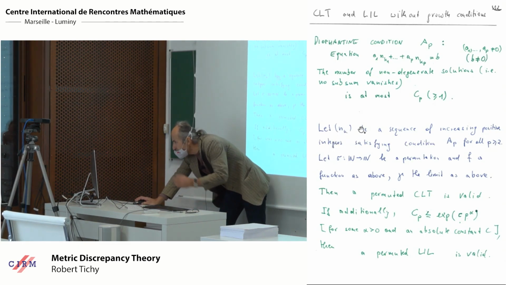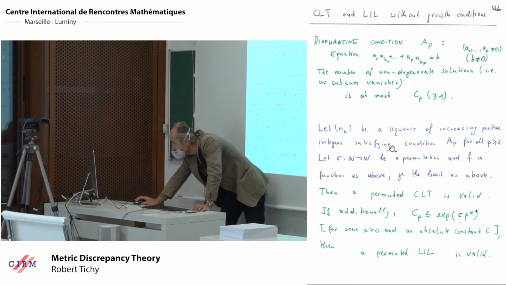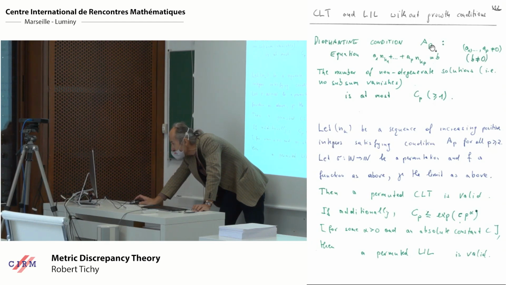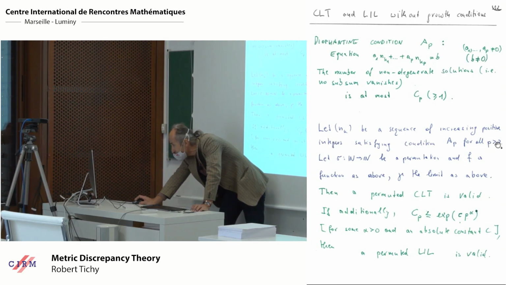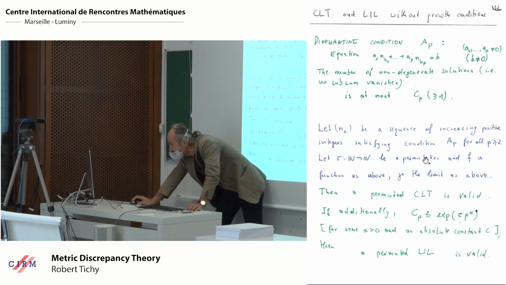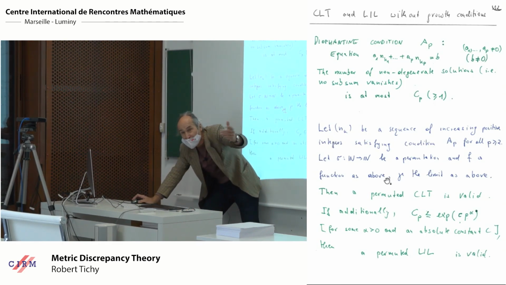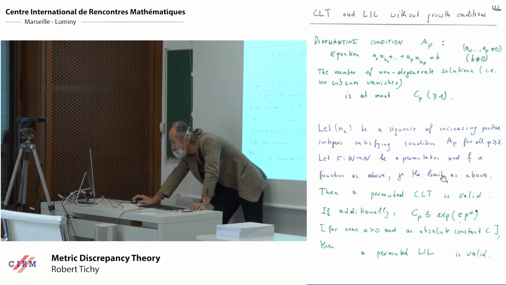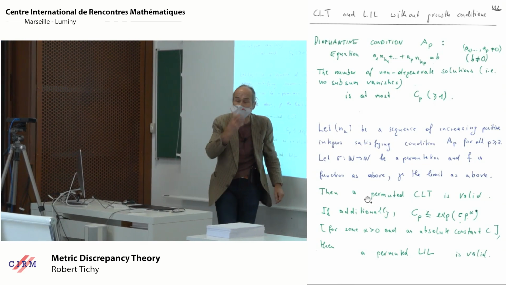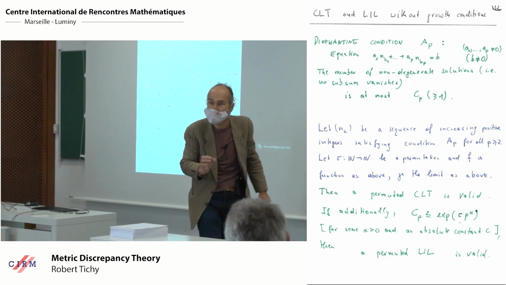Yeah, and if we assume n_k to be a sequence of increasing positive integers having this property A_p for all p bigger or equal to 2, sigma a permutation, gamma this value of variances just defined before, then a permuted central limit theorem is always true.